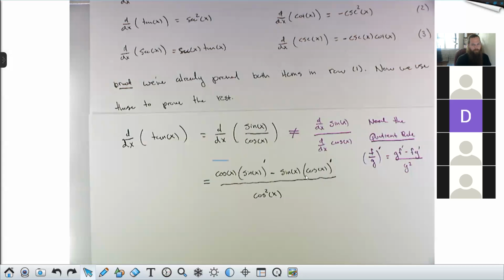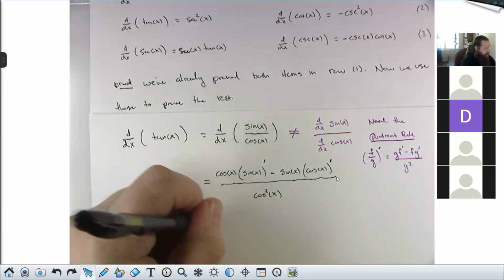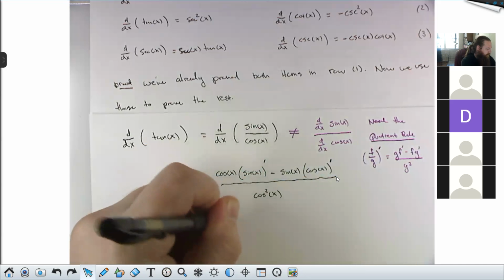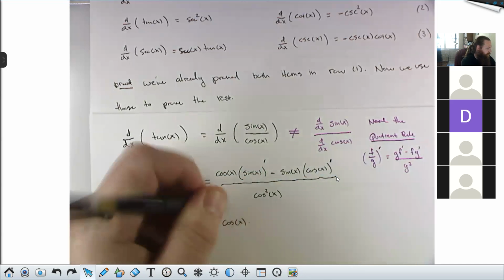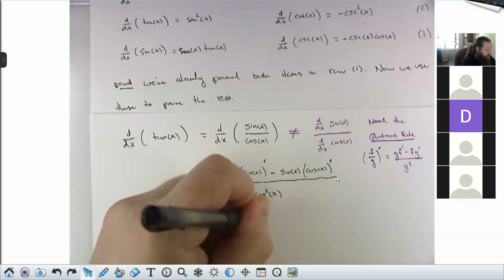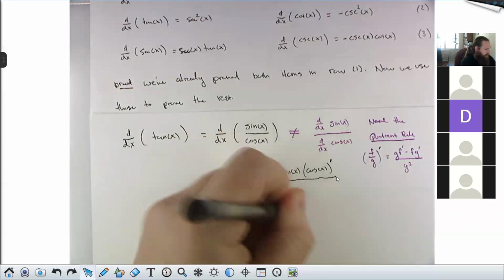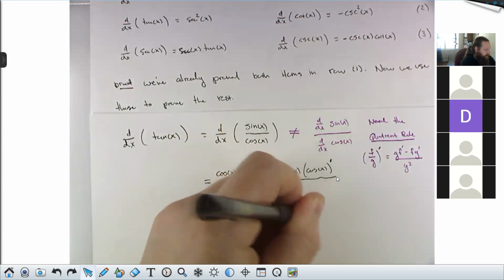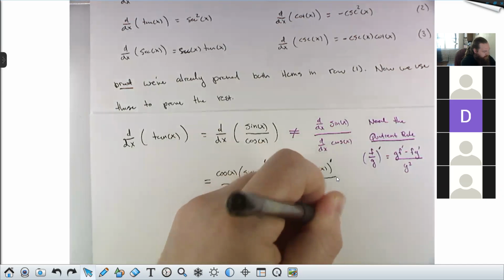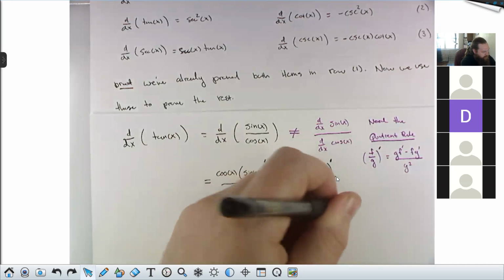So now it's just about cleaning up this numerator. I know what the derivative of sine is, right? And I know what the derivative of cosine is. So the top is cos x times the derivative of sine, which is also cos x, minus sine x times the derivative of cos x, which is negative sine x.